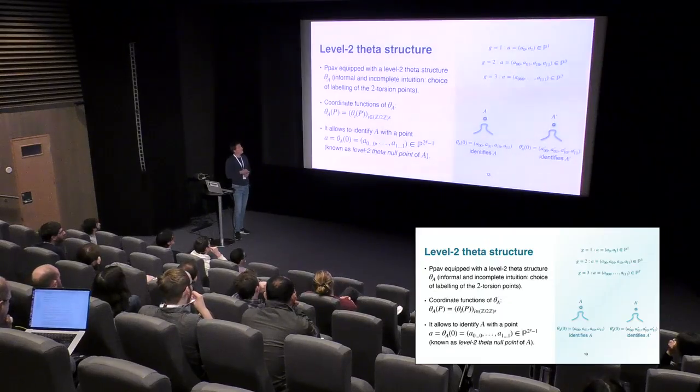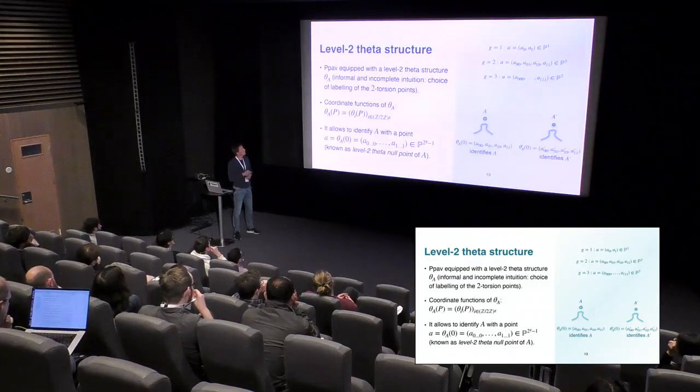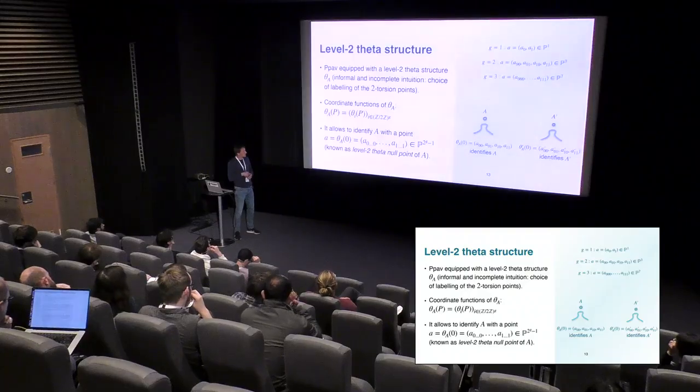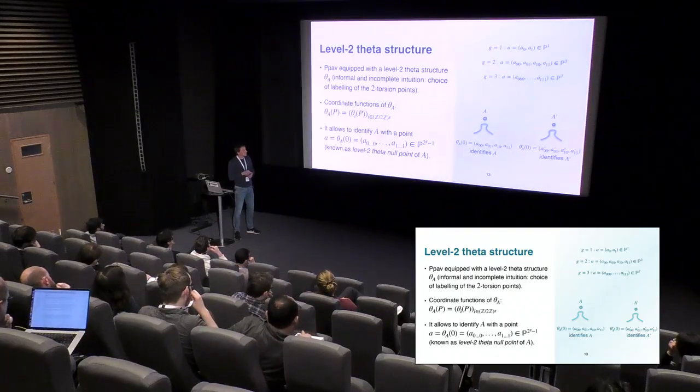So when you work with the theta model, you work with a theta structure, and we worked with a level 2 theta structure, which informally means how you label the 2-torsion points. And then you get theta functions, which you can evaluate on the points. And if you take the identity element and evaluate it with these theta functions, you get something that is named the theta null point, in this case the level 2 theta null point.